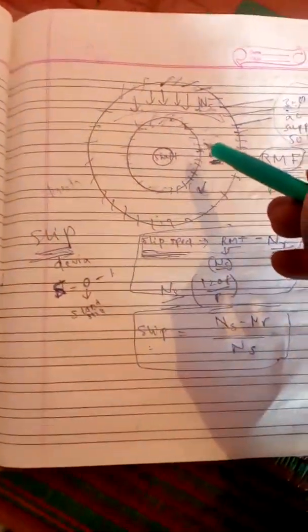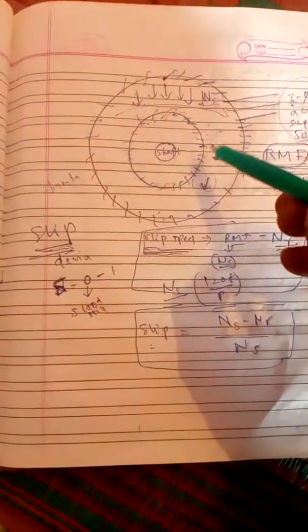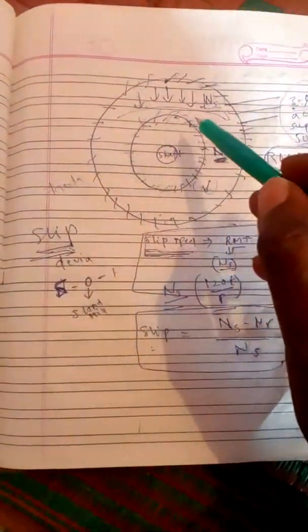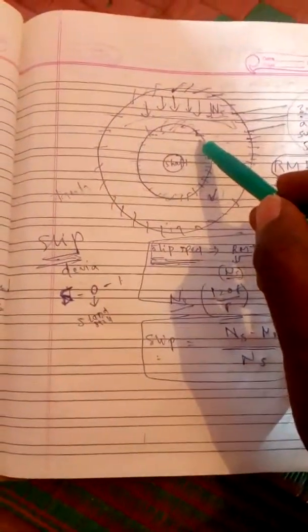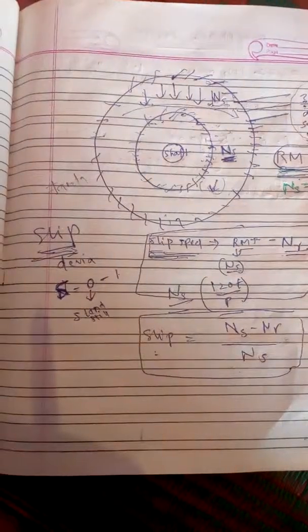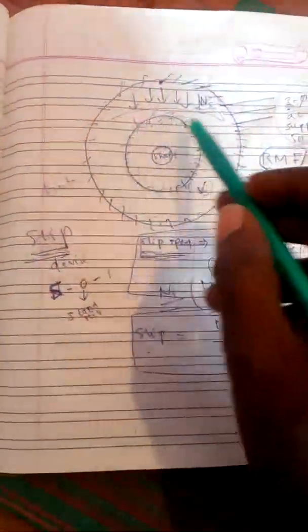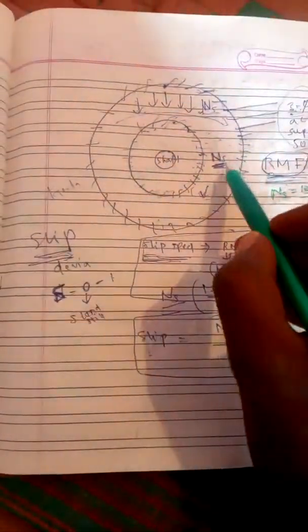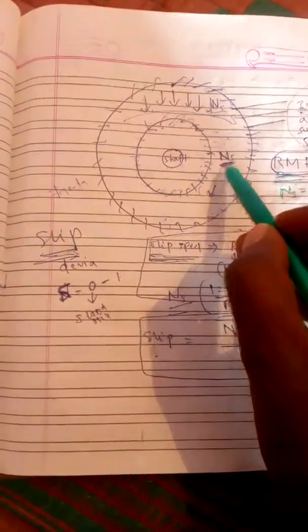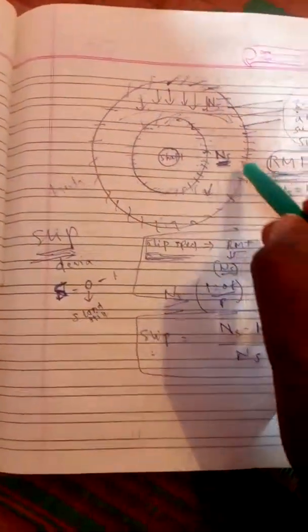As I said, a force will be created on the rotor which tends to move the rotor. If the force on the rotor conductors is maximum, it attains a maximum speed, that is Ns, the synchronous speed, because the RMF speed is Ns.